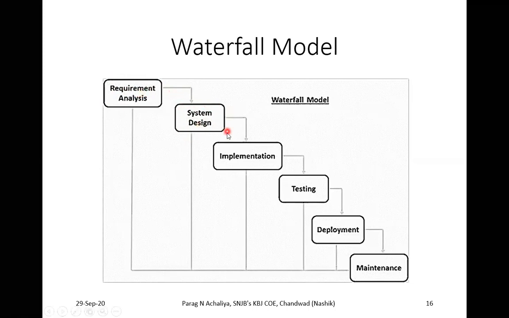Once the system design is finished, the development team will start the implementation on the basis of the system design. Your complete system will be developed using your system design and implementation. By combining these 2 phases, your actual software or your actual application will be developed.